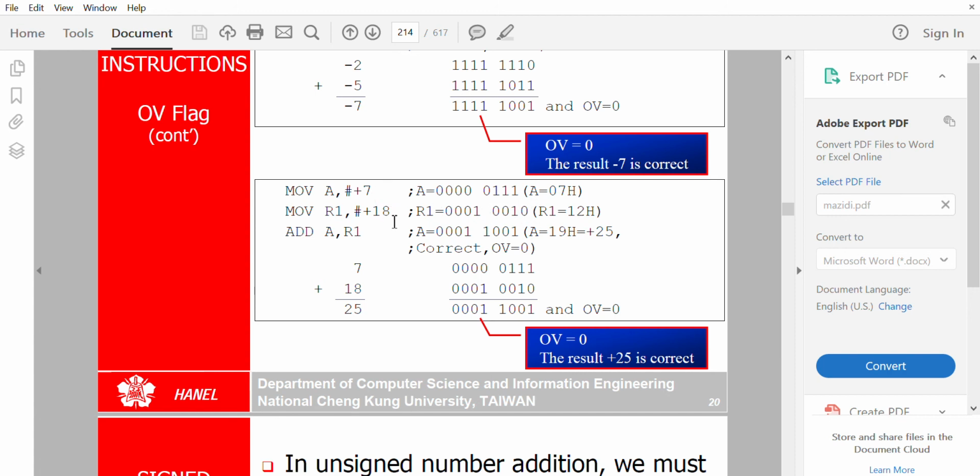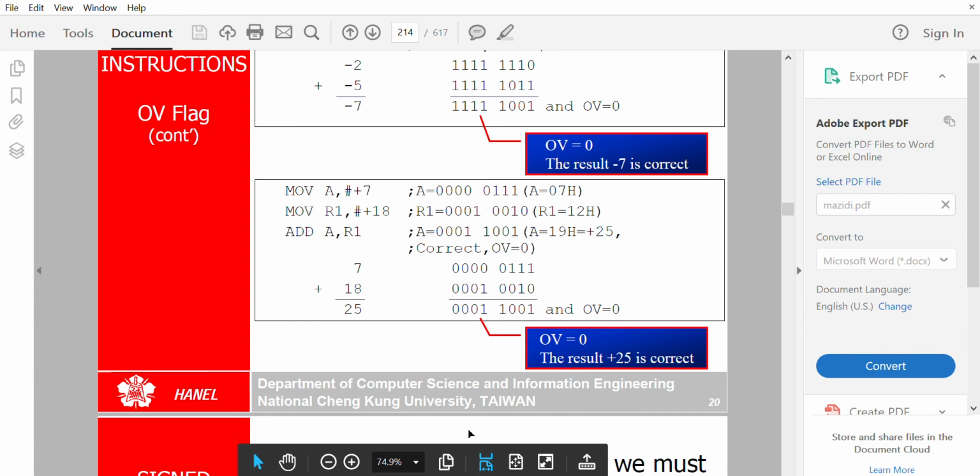These are in decimal, so convert it to binary. So if you add this, 1, 0 carry 1, 0 carry 1, 1, 1. Here you don't have a carry out from D6 to D7 and there is no carry from D7 also. So the overflow flag is 0 and the answer is correct.